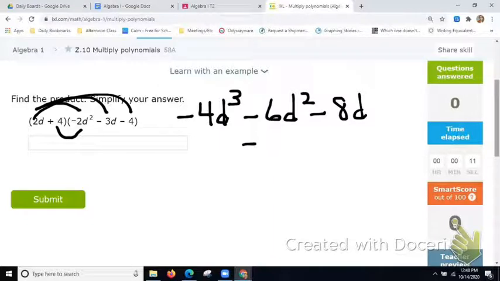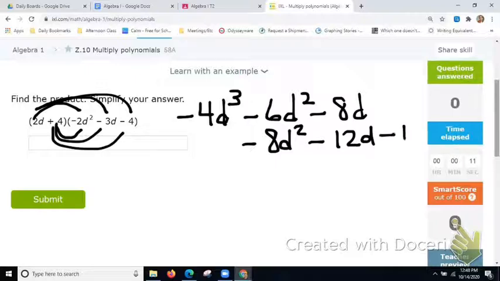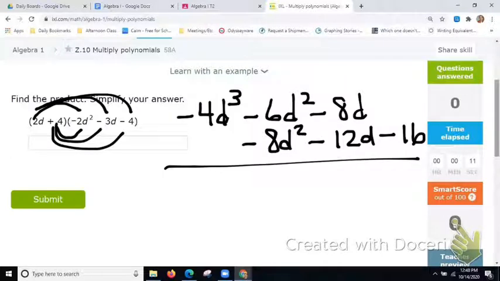So remember, we're going to scoot it over so that it's underneath the like term. If you prefer to make it all in one big line and go find them, you are certainly welcome to. Minus 12d, and 4 times negative 4, minus 16.